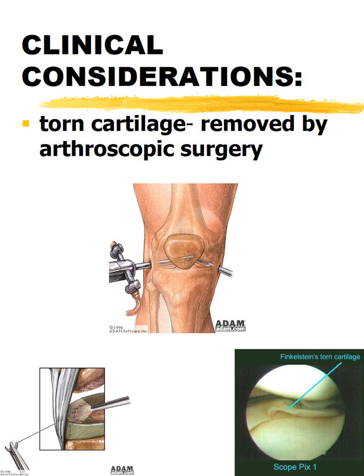Another clinical consideration is torn cartilage, which is very common within the knee, especially with the menisci, just due to wear and tear on that particular joint, as well as a tear from another injury that could have affected, say, the ACL or PCL, where there could be damage from the tearing and shredding due to the bone that was exposed to the cartilage.